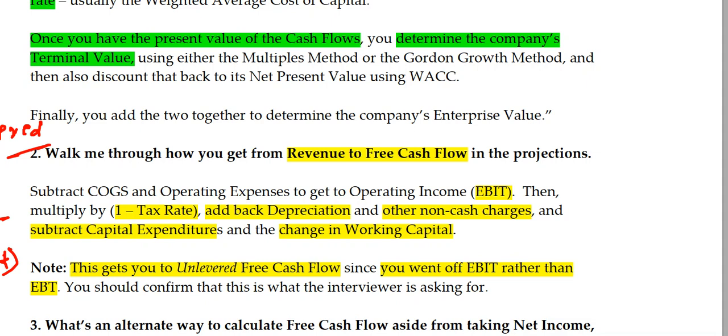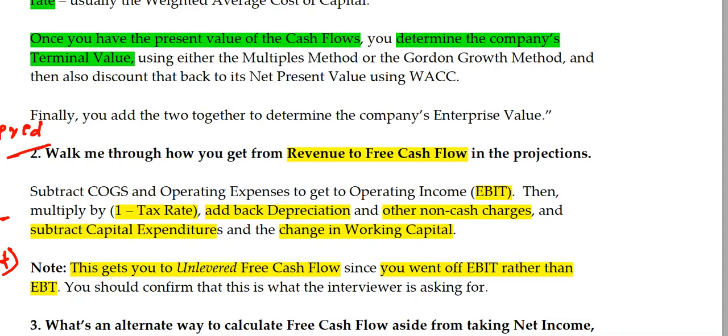Revenue minus costs is the gross profit, and after the operating expenses we get EBITDA. If we subtract the depreciation as well, we get operating income, EBIT. Then we multiply this by 1 minus the tax rate, which is the tax rate of the country and depends on a number of situations.